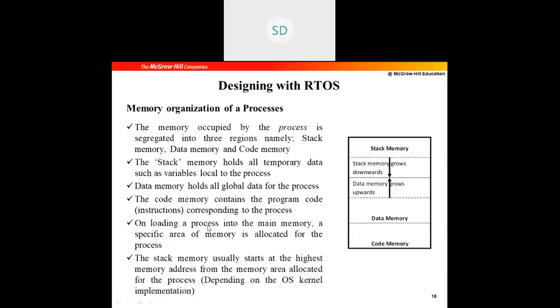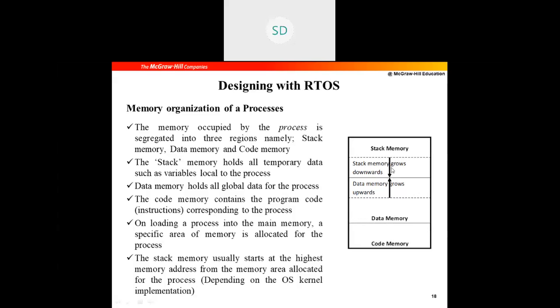So on loading a process into the main memory, a specific area of the memory is allocated for the process, a block of memory, which is basically divided into three sections: code, data, and stack. Certain memory will be assigned as data and certain memory as code.